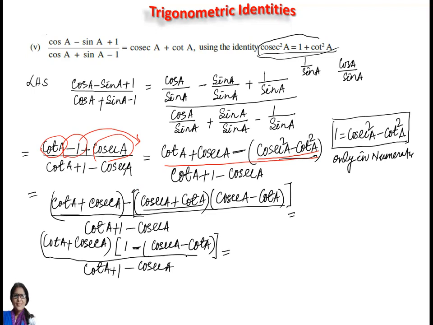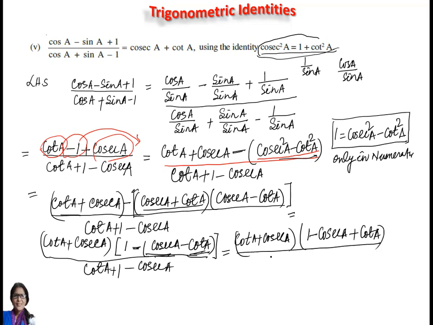So next is simplify within the bracket. Cot A plus cosec A, 1, cosec A will be negative, cot A will be positive. Are you getting the same term as your denominator?